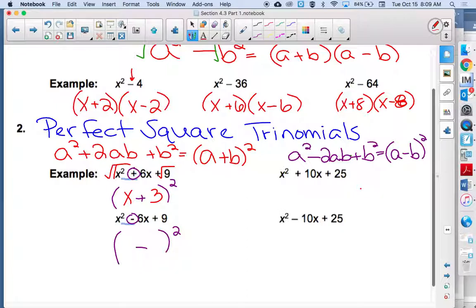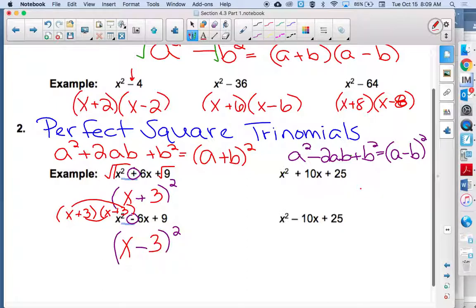The middle number kind of gets forgotten about because that's there for when you FOIL it back. If I FOILed this, I'd get the 6 by taking x plus 3 times x plus 3. I'm doing that twice. That's how I get the 6. So it's not really there when you use it to factor, but if I FOILed it, it would be in the answer. The only difference from the one below is that it's a minus sign.